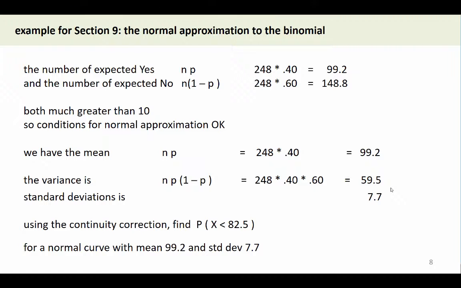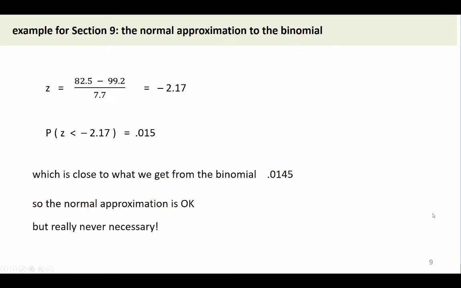So if we use the continuity correction to take a look at our practice's results, we're going to be working out x less than 82.5 for a normal curve with the mean of 99.2 and a standard deviation of 7.7. And so the z-score is going to be 82.5 minus 99.2 divided by 7.7.